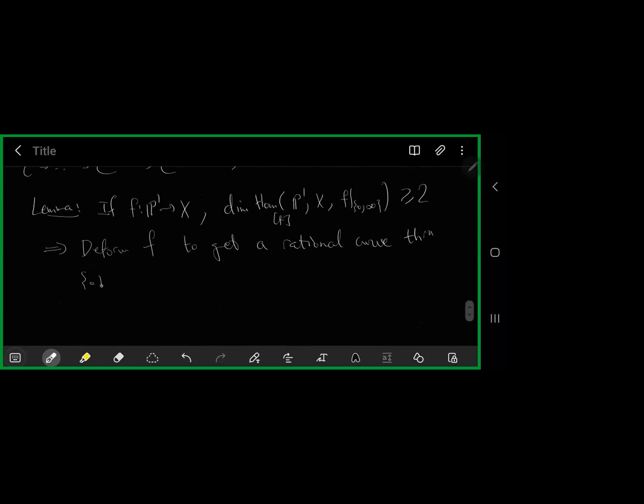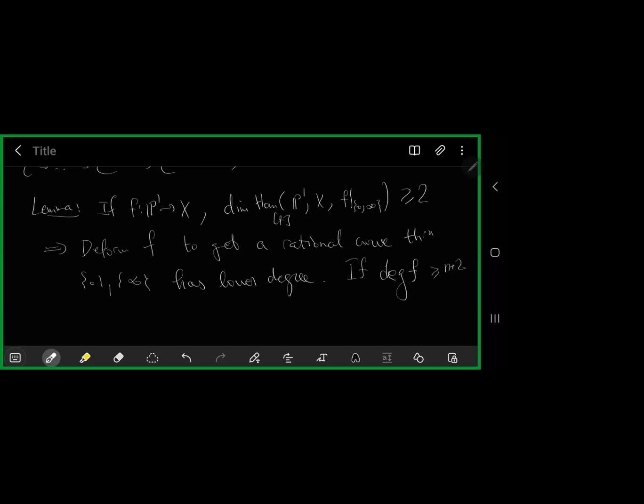There's a technical point why we need now 2 points and not just 1, which is because P1 has more automorphisms. We can do this to get the rational curve through 0 and infinity that has lower degree, and we can do that if the degree of f is greater than or equal to m plus 2.